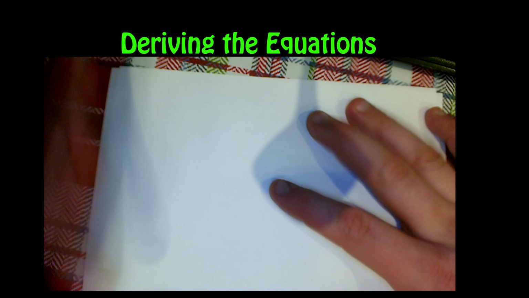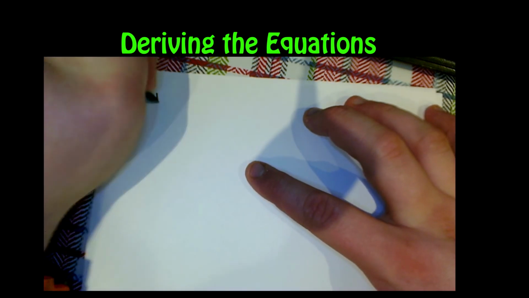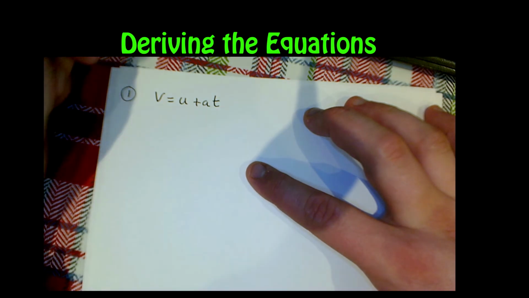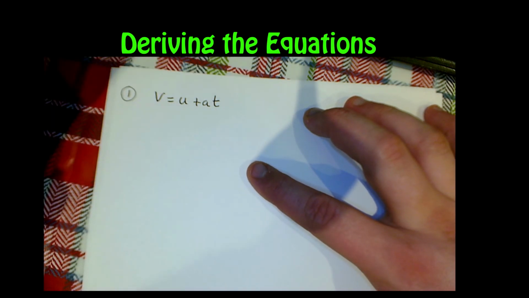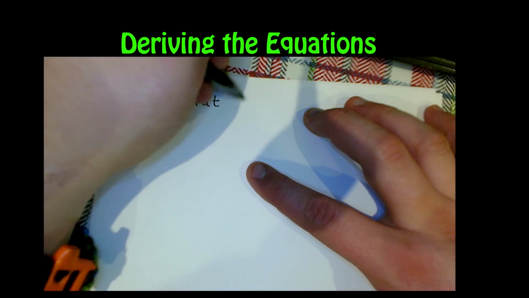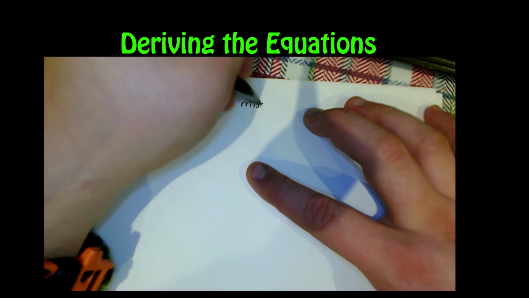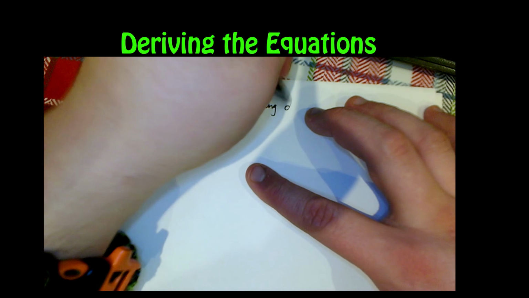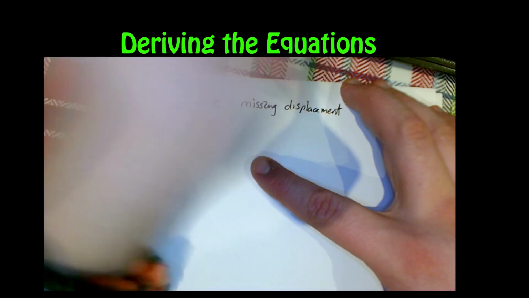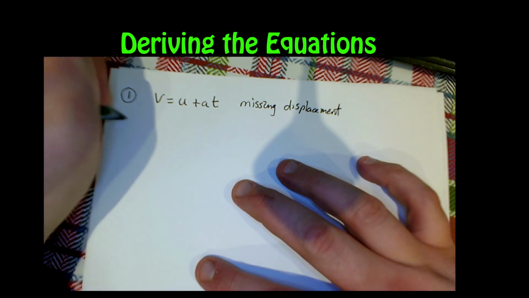Okay, just to summarise then our 4 xuvat equations, or 4.5 xuvat equations. Number 1, v equals u plus at. Okay, and this one you use if we don't care about displacement. So this is missing displacement.